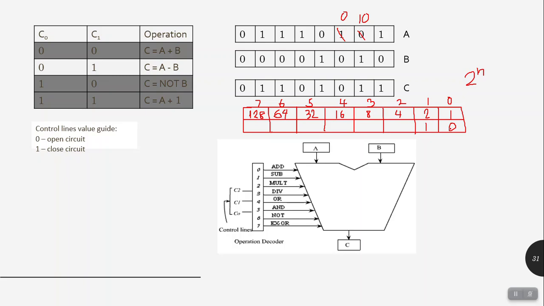Now the next step is to multiply: 1 times 0 and 2 times 1. So this would result in 0 plus 2 times 1, which is 2. So 2 plus 0 is 2. That's why 10 represents the value of 2. So this 10 here, in binary, is 2.